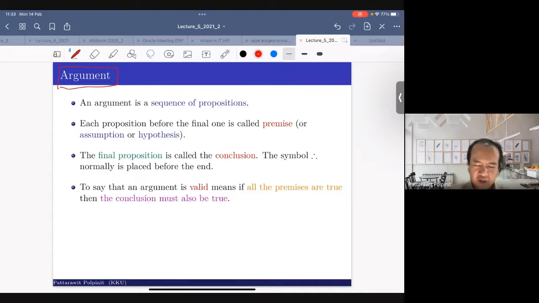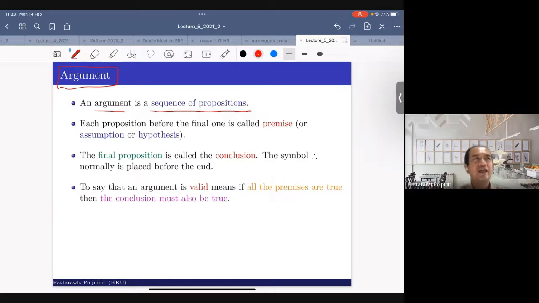Okay. So when we talk about an argument in our propositional system, an argument is a sequence of propositions. Basically, it's just a statement, a proposition after proposition. So you're giving each other propositions, like, okay, today is Monday.